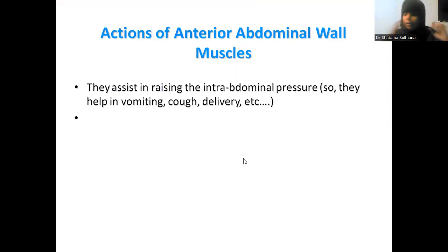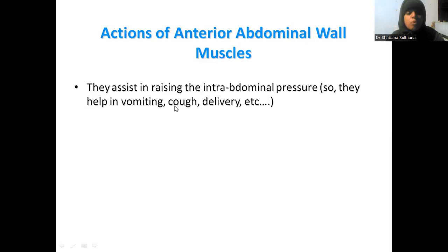Action of these muscles. Whatever expulsive movements we do, coughing, sneezing, breathing, delivery of the baby, micturition, parturition, defecation, all these are actually because of the action of these anterior abdominal muscles. So they assist in raising intra-abdominal pressure.